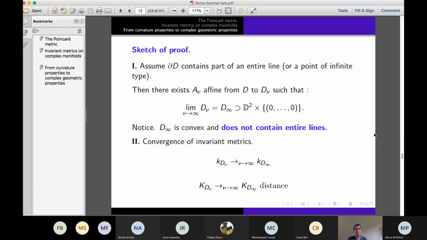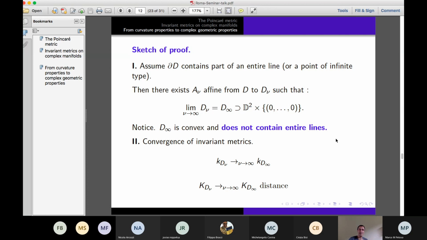What is important is that your affine transformations converge to some domain having this property. What is also important is that your domain does not contain an entire line. So in particular, as I mentioned before, it's complete hyperbolic for the Kobayashi metric.